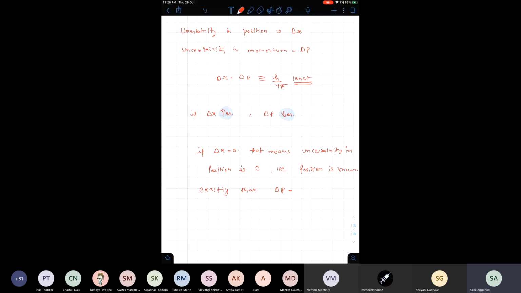There is large error in velocity. Large error in velocity.